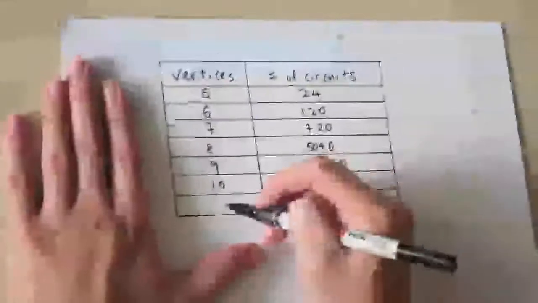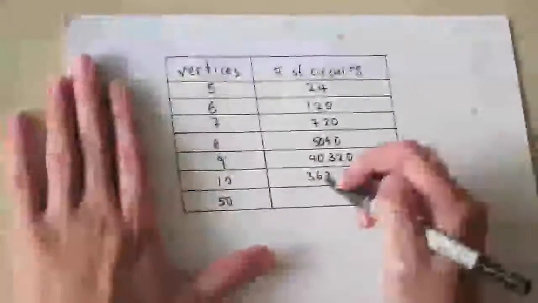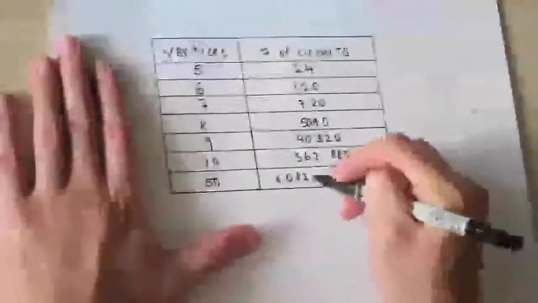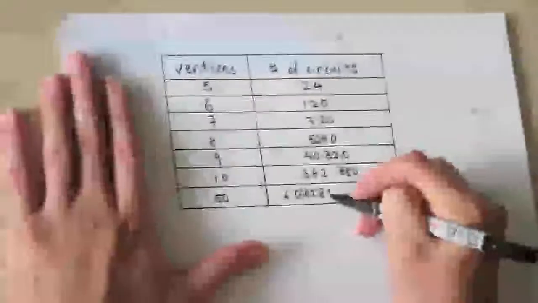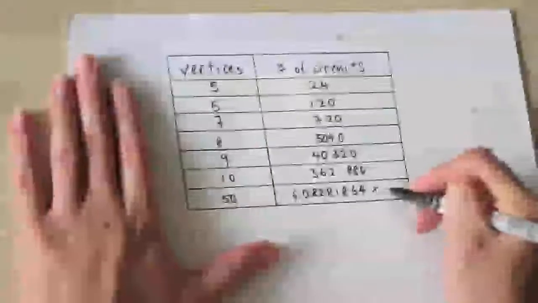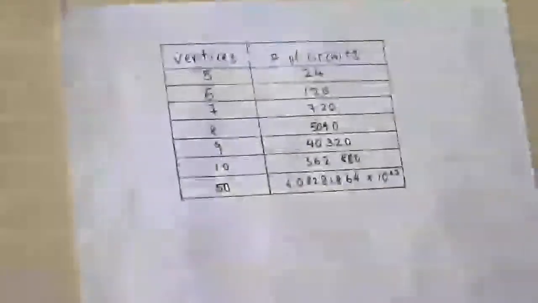If we had 50 locations the robot had to visit, it would amount to 49 factorial possible circuits, and thus to find the shortest one, the robot will have to compute all 608 novemdecillion paths, that is 6.08 times 10 to the power of 62 paths, and find the shortest one.